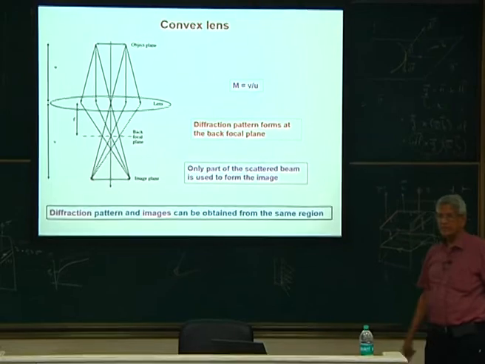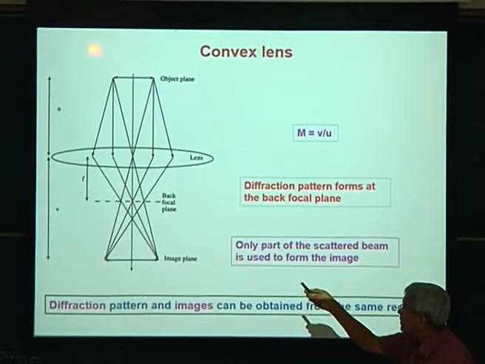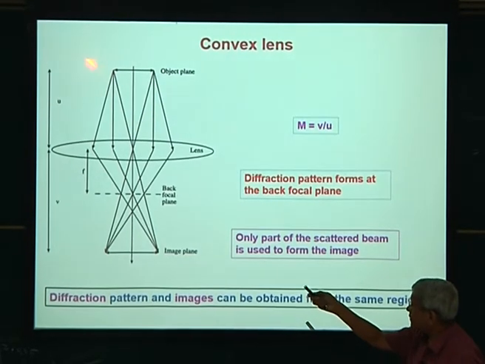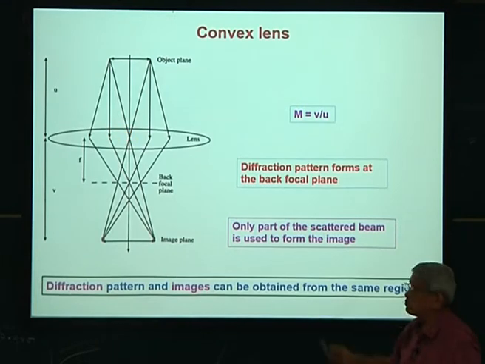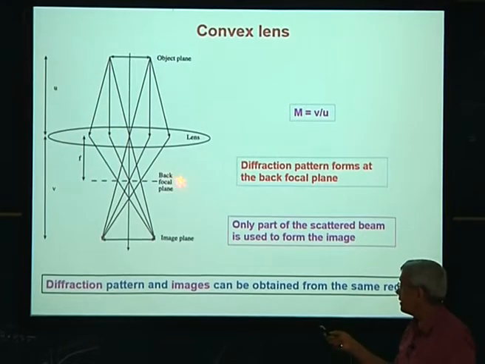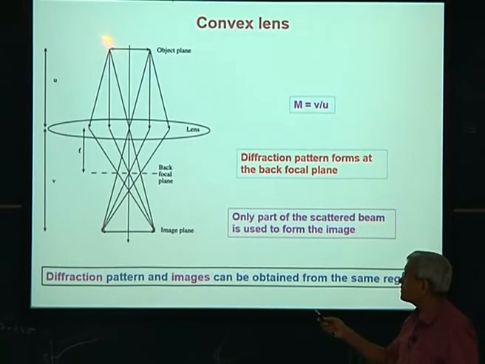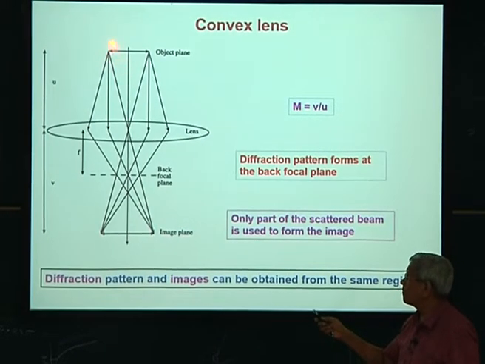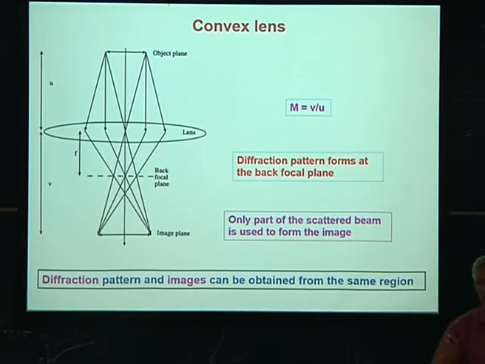In a lens, you assume the beam of radiation is coming from here. For a lens, the rays scattered which are all parallel to the optic axis are all focused to a point at the back focal plane. Rays slightly away from the optic axis, but parallel to each other, will also be focused. So at the back focal plane, what we get is the diffraction information.